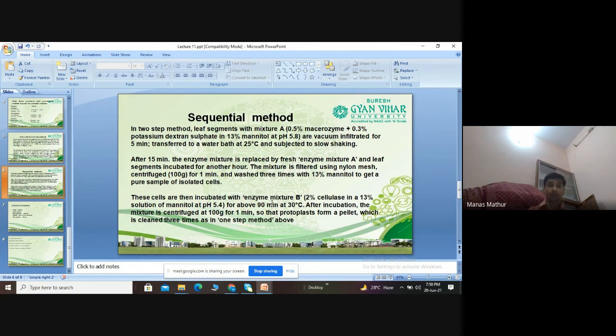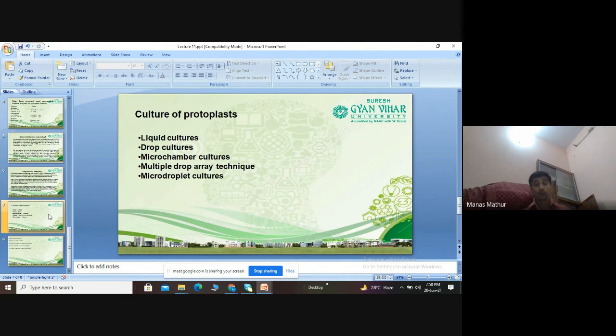So these are some methods to get the protoplast, either by the direct method or by the sequential method. Then we come to different types of protoplast culture, that is liquid cultures in which we use the suspension media, drop cultures in which we use protoplast drop by drop, then macro chamber cultures, and the multiple drop array technique, which means we add drop by drop various enzymes, one enzyme A, one enzyme B, followed by another enzyme, and then finally the micro droplet culture.